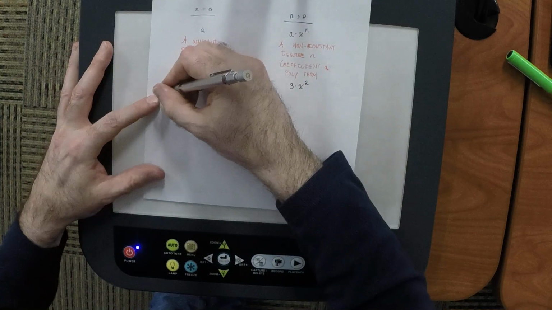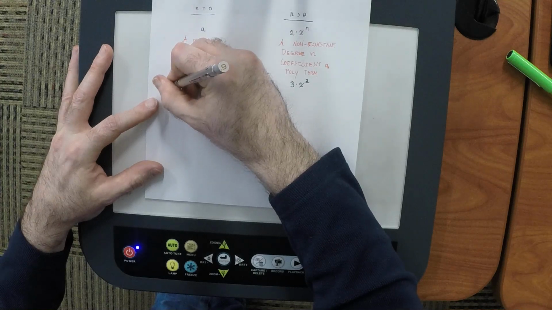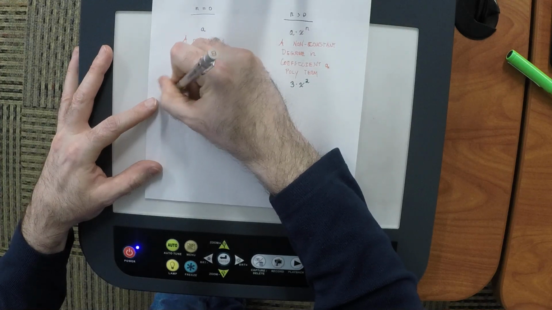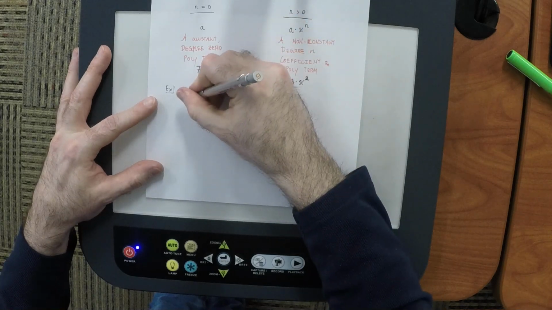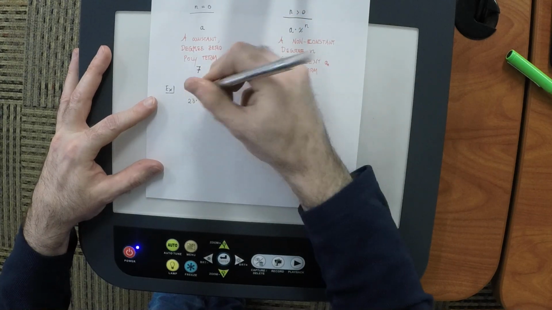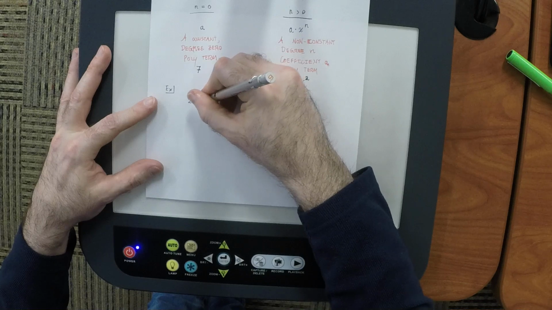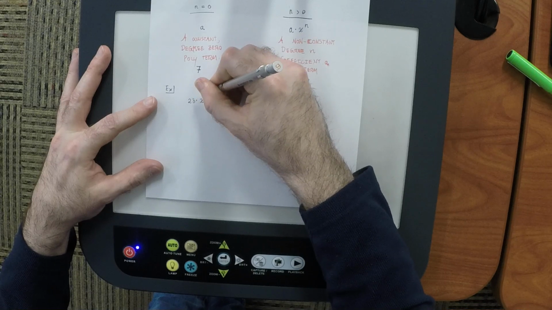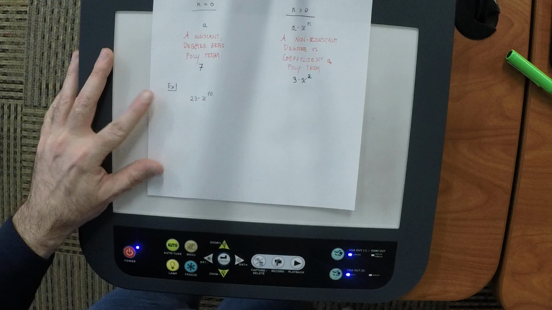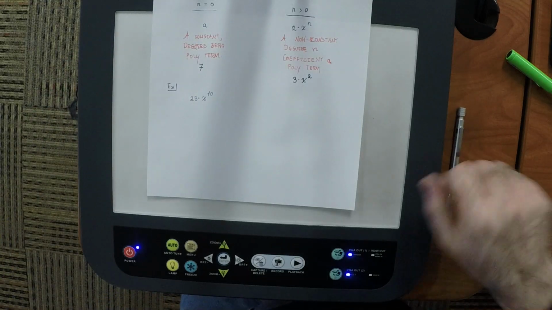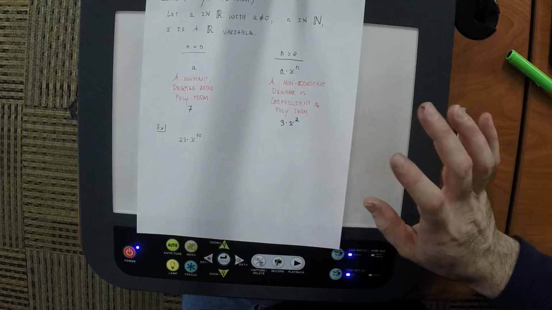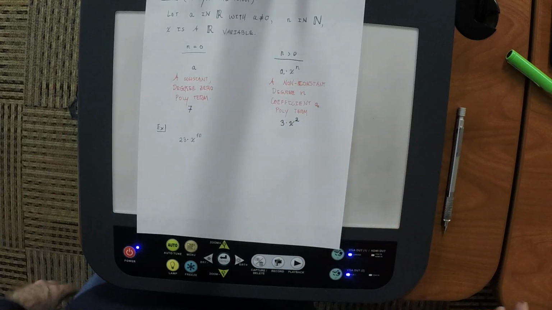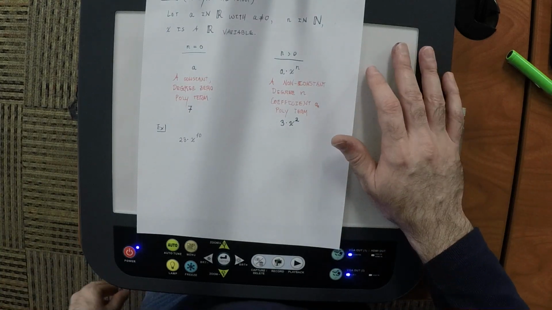So let's see some examples of various things that might or might not be polynomial terms. How about 23 times x to 10 there? So is it or is it not a polynomial term? And if it isn't, then why not? If it is, then what's its coefficient and its degree?